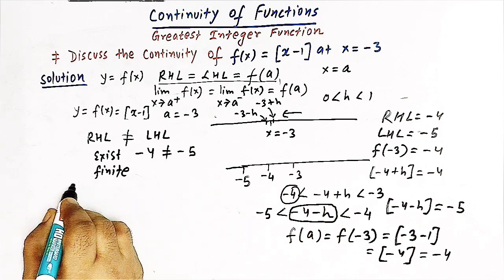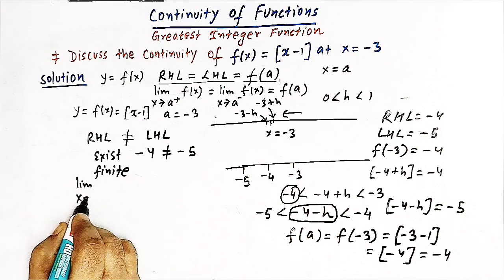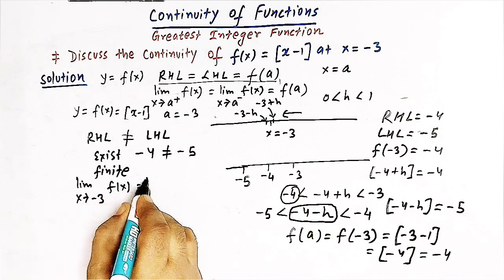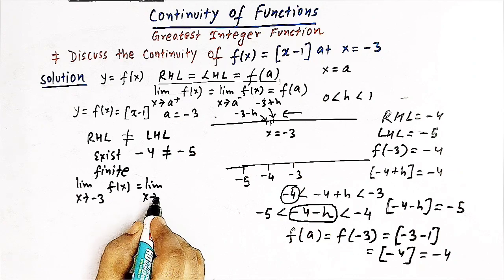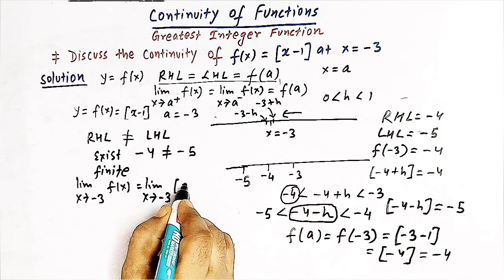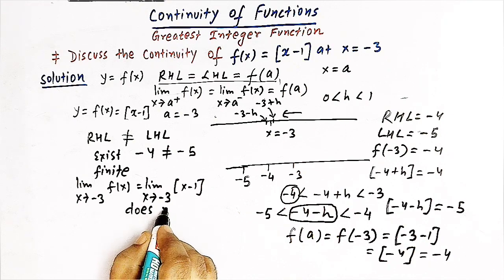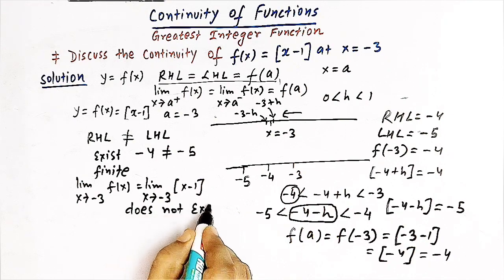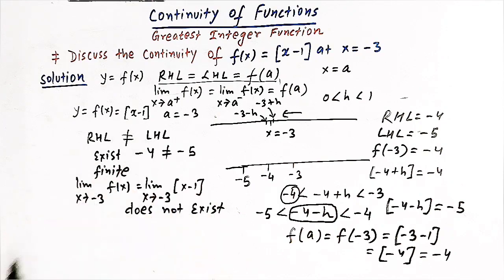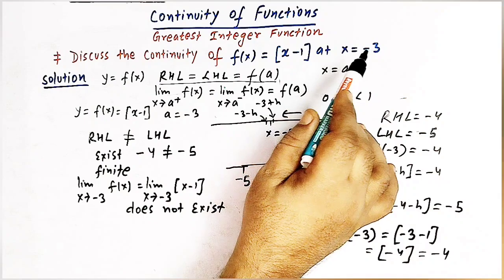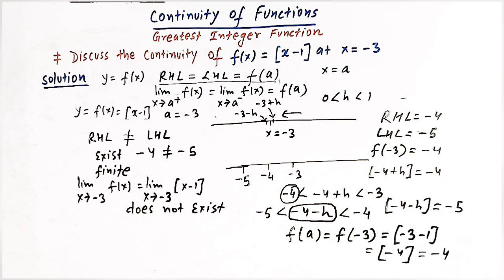So we can conclude that the limit x tends to minus 3 of f of x, that is the limit x tends to minus 3 of greatest integer of x minus 1, does not exist because the right hand limit and the left hand limit are not equal to each other. So the limit of this function at x is equal to minus 3 does not exist.